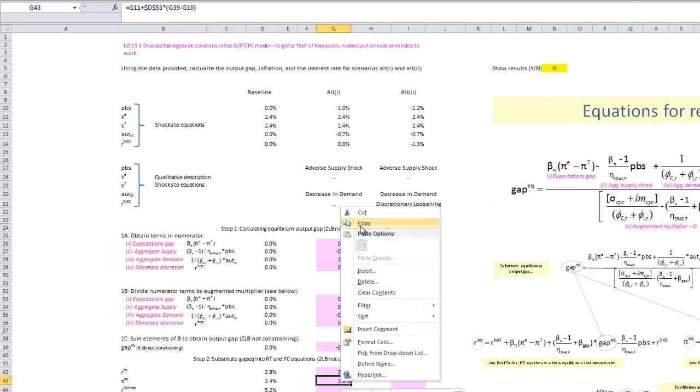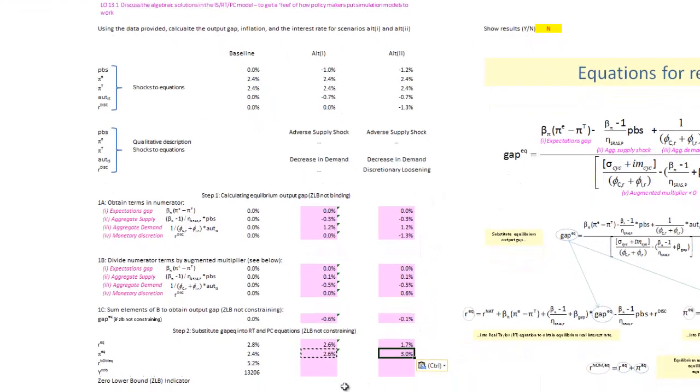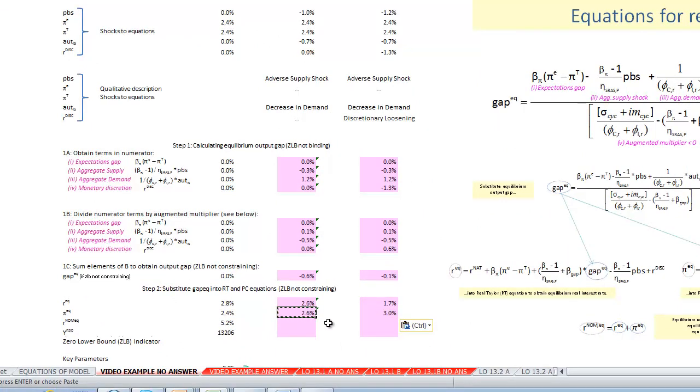So we'll see here that this is going to have a positive effect. Why? Because a negative minus a negative is a positive. Now let's take this and copy it over here. So you can see that we're going to have to put up with more inflation under Alt 2. So you can see that there's an inflation implication.